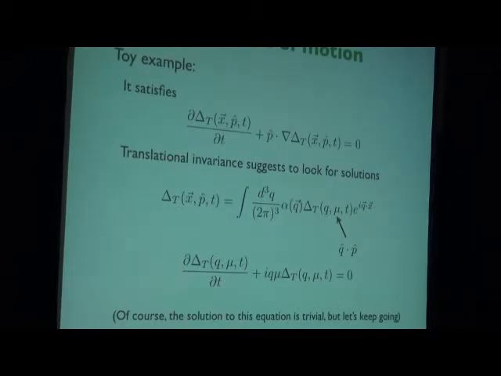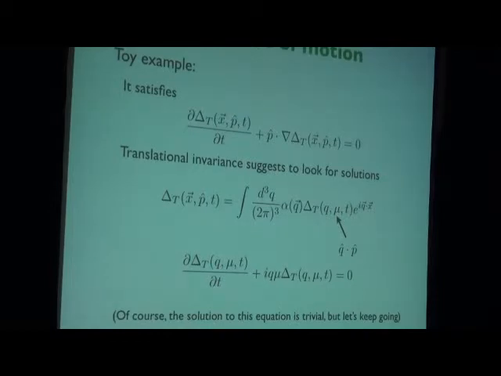Now, this differential equation is translationally invariant, so it's convenient to just look for solutions using a Fourier transform. So you can look for a solution of this form, your Fourier transform. And then you see here that the only angular dependence in your differential operator is of the form p hat dot q hat. And so the solutions you can always write in a form where there's some overall dependence on the direction of the wave vector.